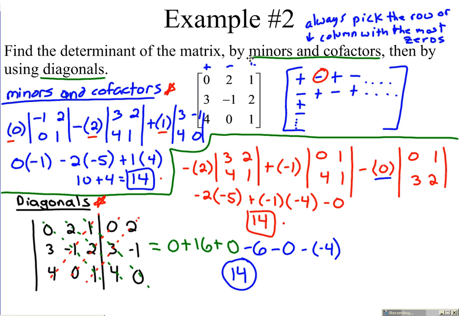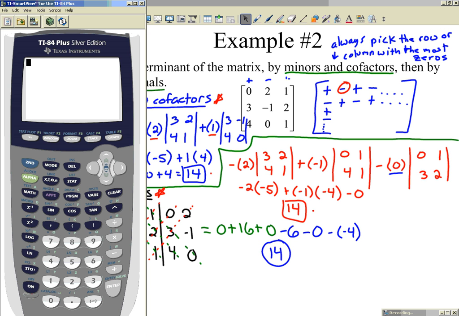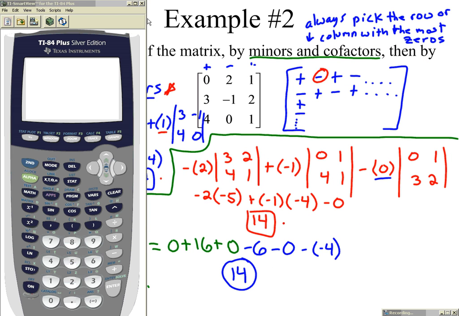Let's look at this on the calculator. Okay, enter in this matrix. So go into your matrix menu, edit 3 by 3 matrix, put it in 0, 2, 1, 3, -1, 2, 4, 0, 1.